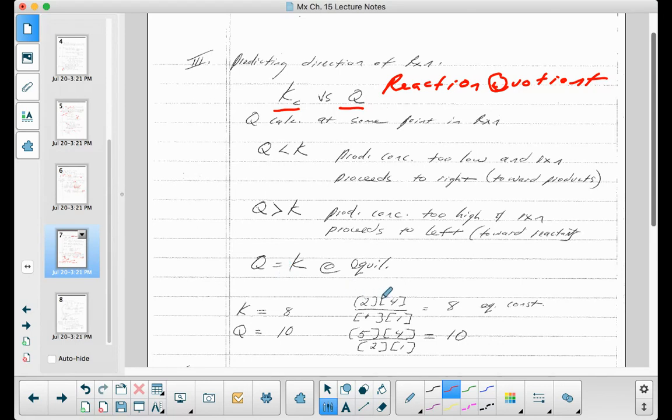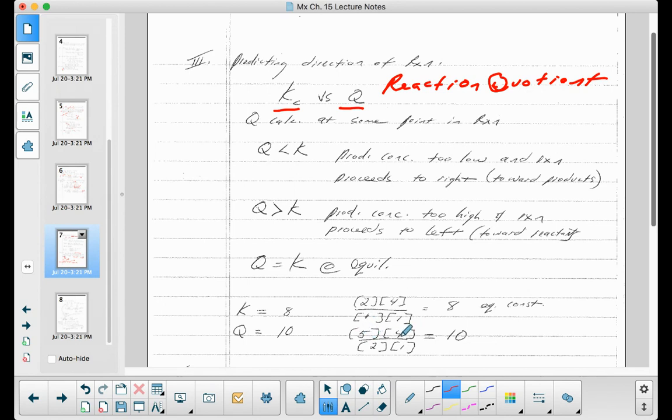So let's just say that this is a very simple, straightforward example where I have these values for the concentrations of two products, two reactants, and I get a value of 8. So let's say I plug in some other random values for my two products and my two reactants, and I get a value of 10. Well, now I know that Q is greater than K. So if Q is greater than K, what it means is that the products are too high.